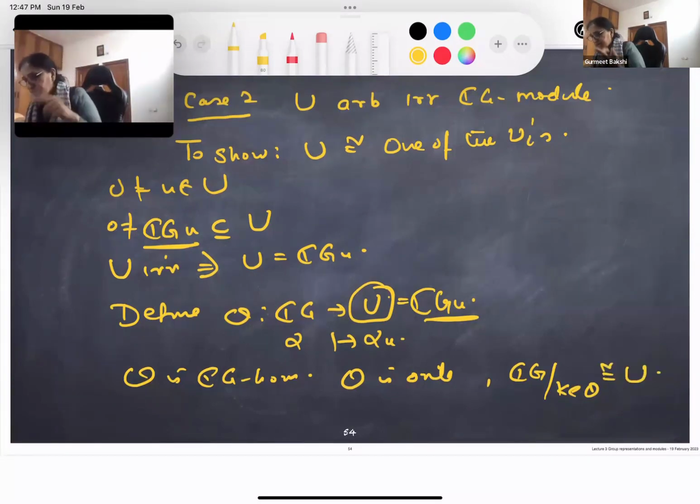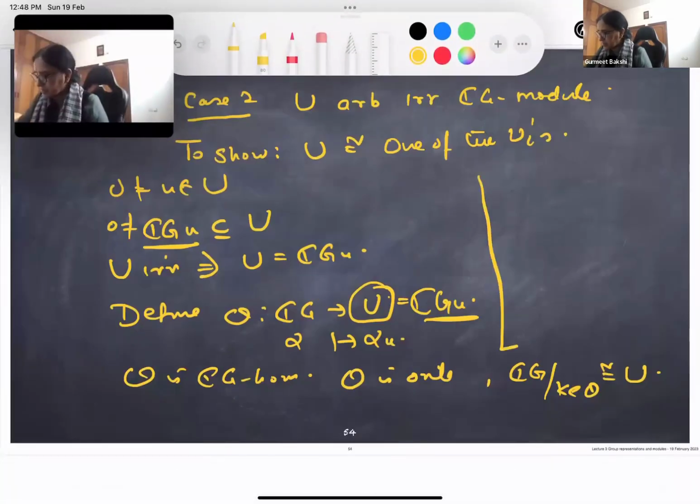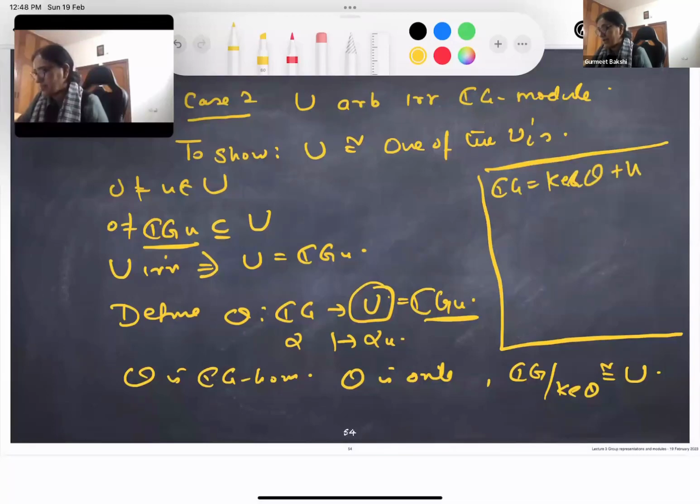But now the kernel of theta has a complement because of again Maschke's theorem. So I will just write down here: CG is equal to kernel theta plus another submodule W, which is a CG submodule of CG.